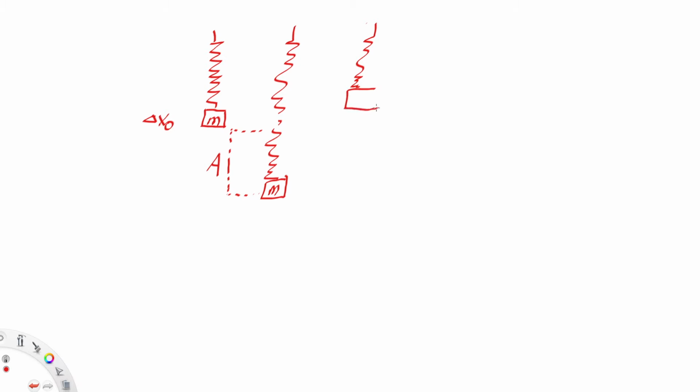And we have a few questions, like what is the velocity at any given point? What is this maximum compression that the spring gets? Like what is this distance here? And is A the same as B? And can we write a function for the position of the mass as a function of time like we could for the horizontal spring?